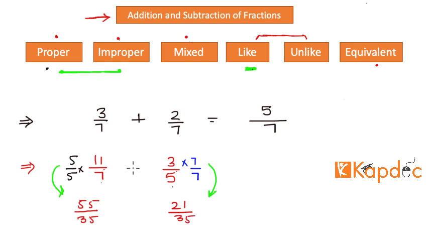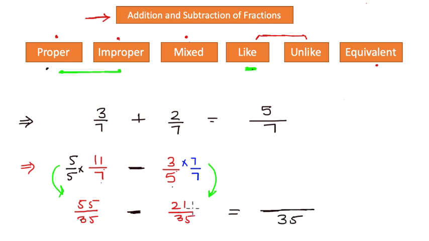And I wanted to perform a subtraction in this case, all right? In this case, my result will be very straightforward. I keep the denominator as it is, 35, and I simply subtract their numerators. So 55 minus 21 is 34. As simple as that, right?